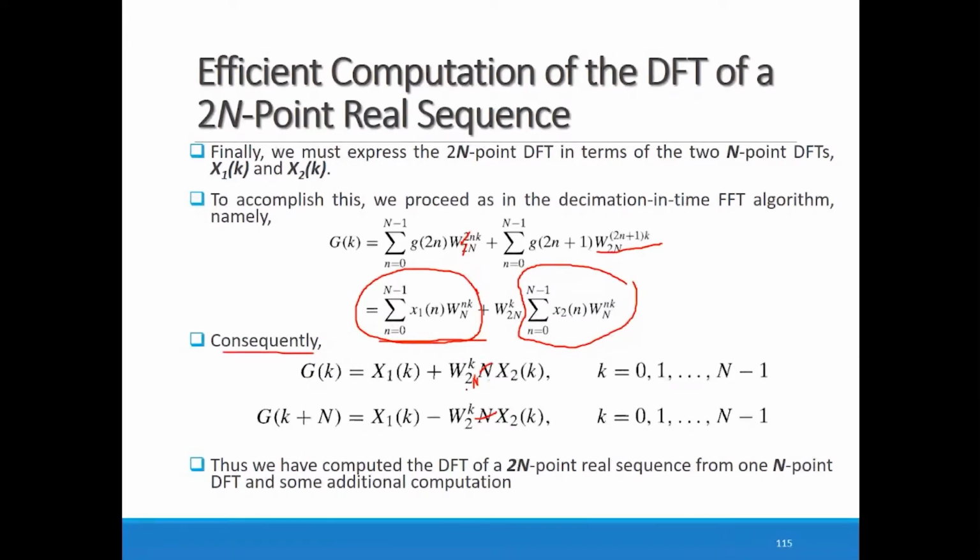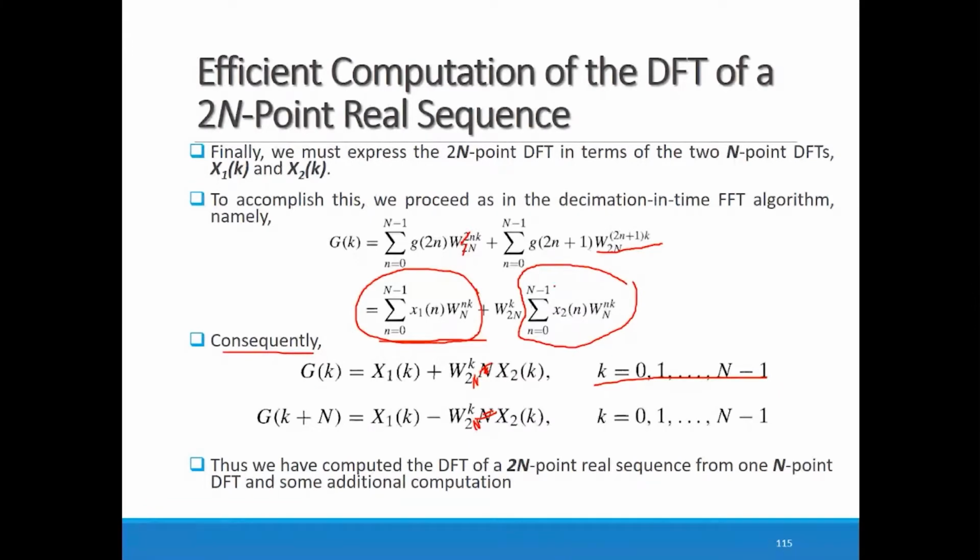Here omega suffix twice n raised to k, here again omega suffix twice n raised to k. This is not in the multiplication, that is a suffix. Okay, so g of k is equal to x1k plus omega suffix twice n raised to k into x2k, where k values are 0 to n minus 1.